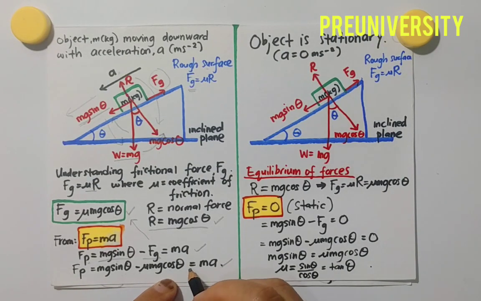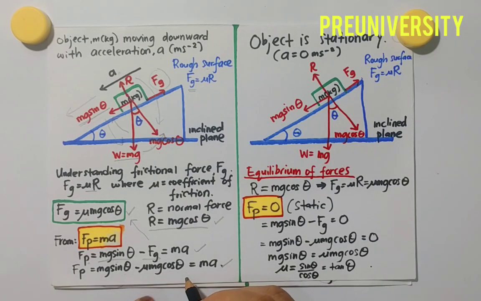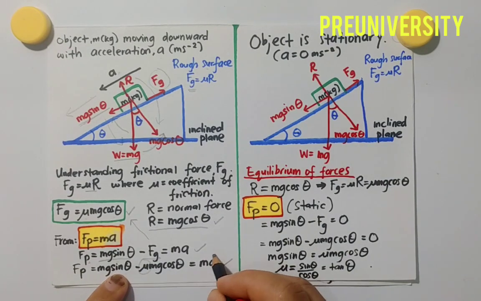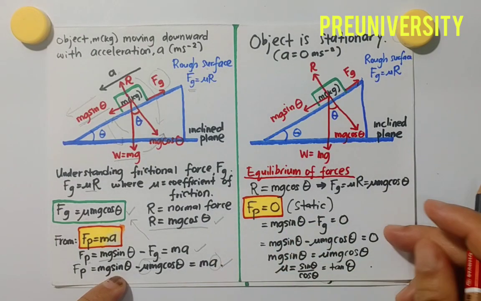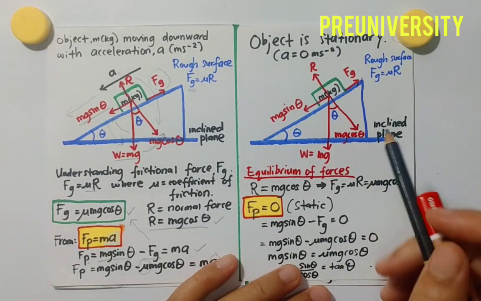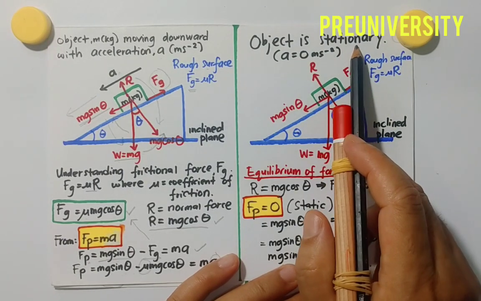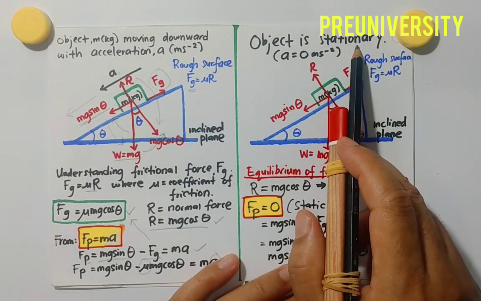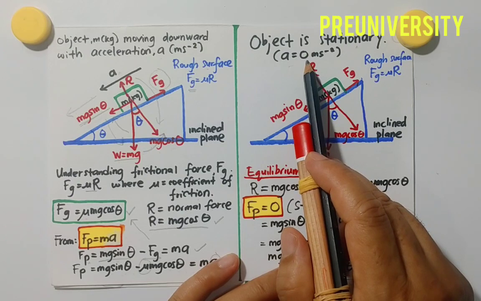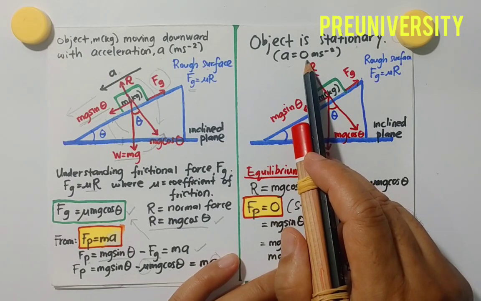So when we have this equation, we can solve the problem. It depends on the question, either to find the mu or to find the acceleration of the object of the mass. Okay, so we continue for if the object is stationary. If the object is stationary, that means the a is equal to 0 because the object is not moving.